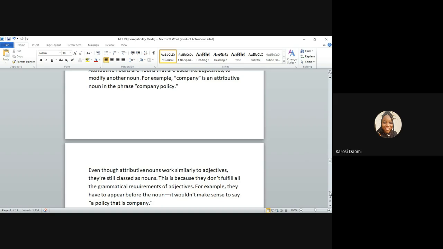No, it has to be the company policy. What type of policy? The company's policy or a company policy. I can't say the policy company, except if Policy is the name of a particular company, and that wouldn't be an attributive noun in that case.